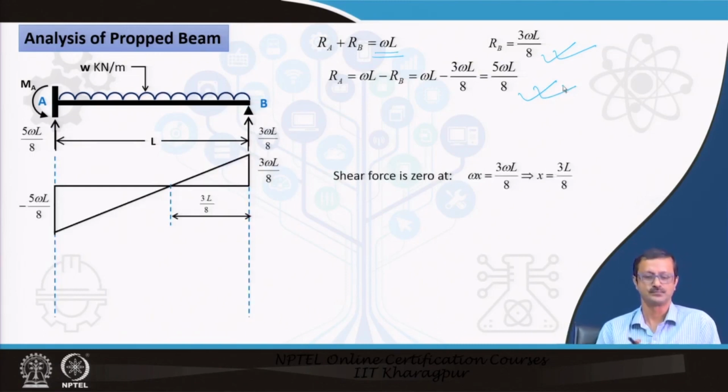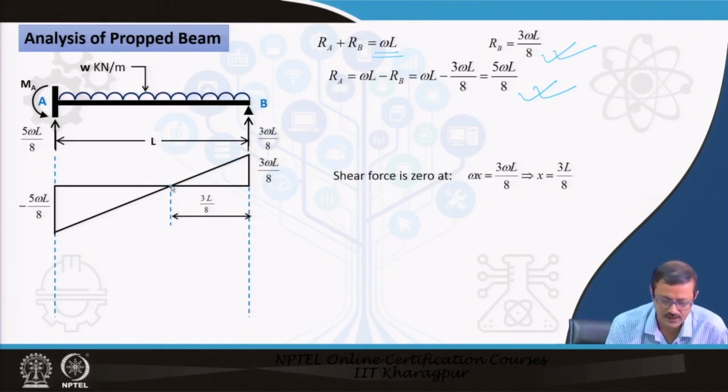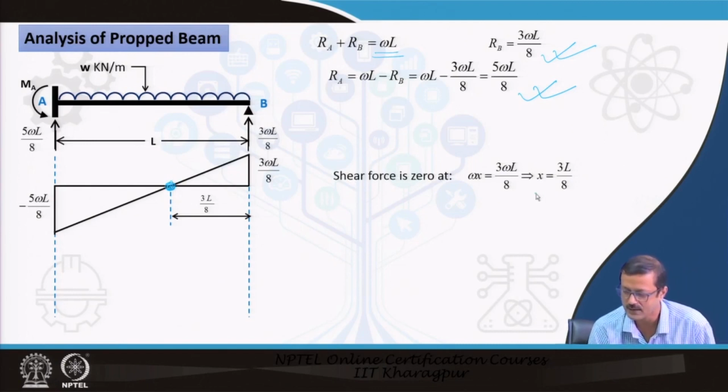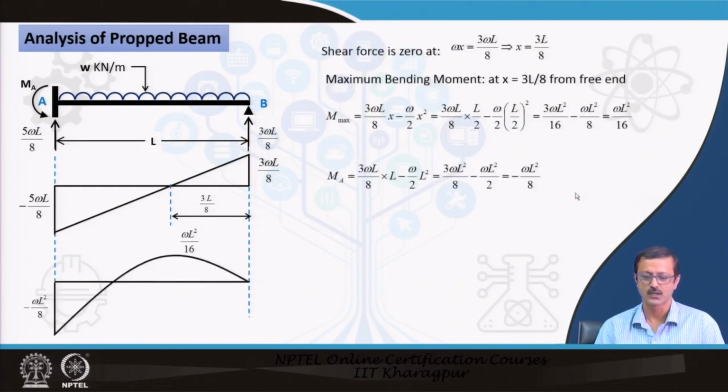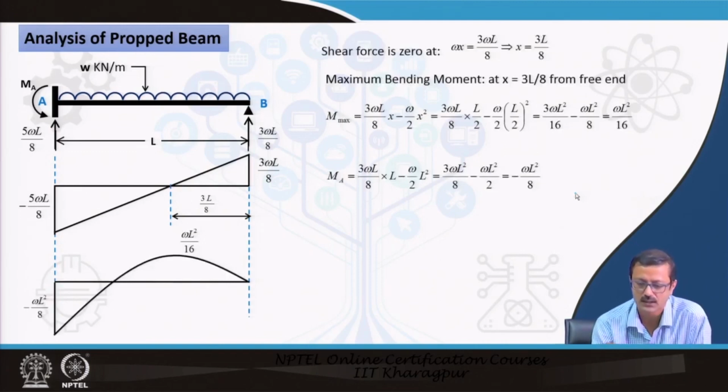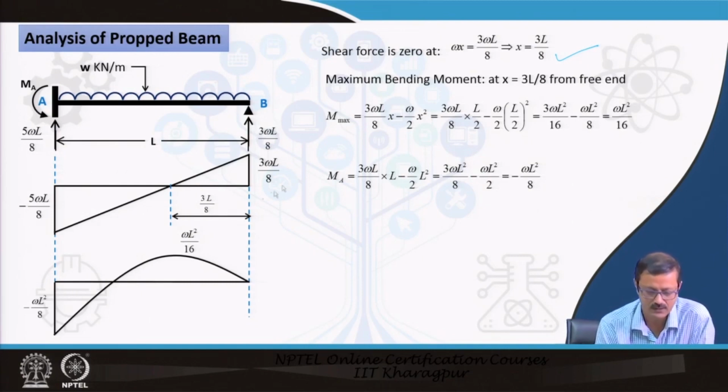Before that you cannot. As you know from the shear force diagram, at this particular point the shear force is 0 at x equal to 3L by 8 from the end B, and at that point definitely the bending moment will be maximum. You can find that out also. With shear force 0 here, you can find the maximum bending moment by placing the value of x equal to 3L by 8.